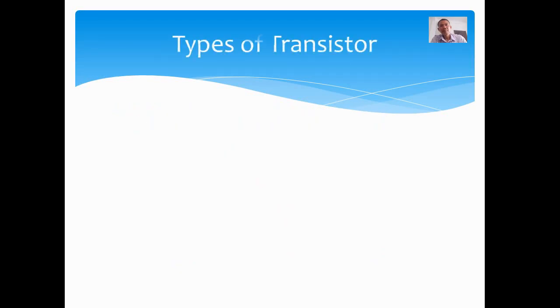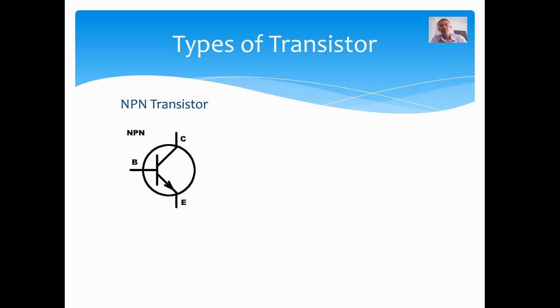Types of transistor. Generally, we have two types of transistor, the NPN and the PNP type. We start with the NPN type transistor. The only difference between the two is the construction of the transistor: from negative, then positive, then negative material.